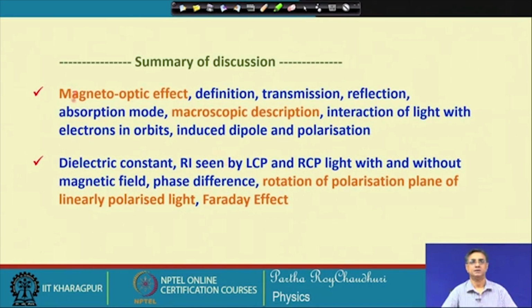So, we discussed the first part, that is the basic definition of magneto-optic effect, and then considered the three modes of the magneto-optic effect in terms of the transmission, reflection and absorption mode.